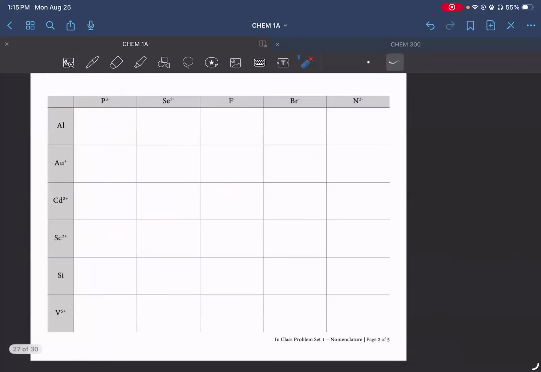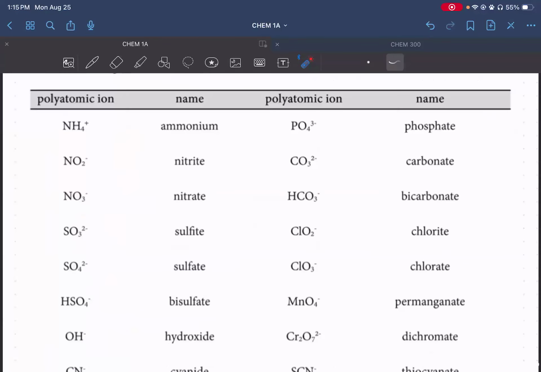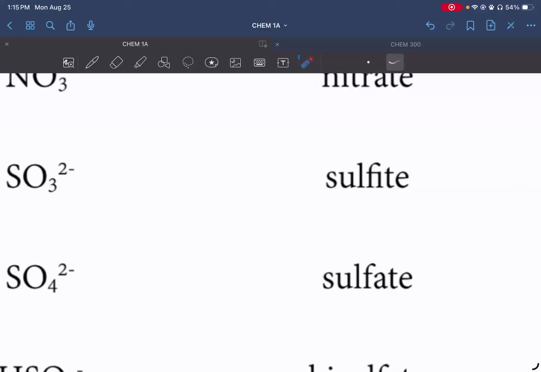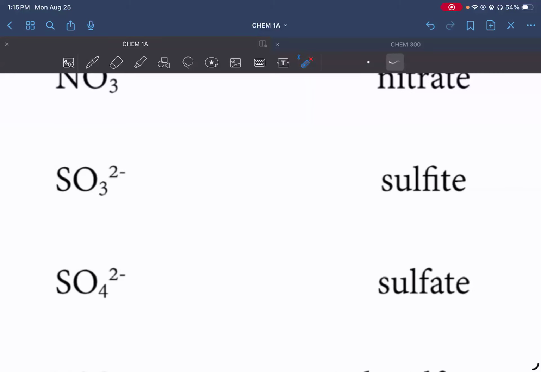So that is because sulfate is a polyatomic ion that has the 4 part of it already. So we do not need to specify or name the 4. Sulfate is SO4. Sarah, I think I saw your hand.